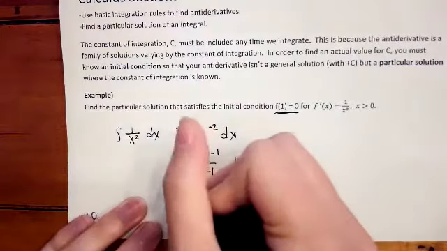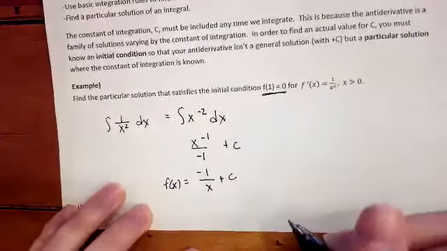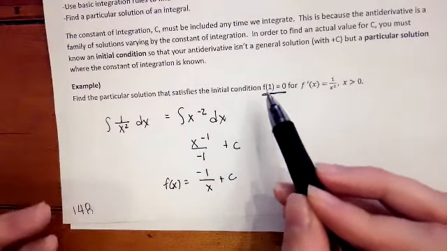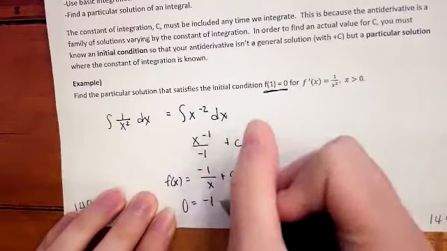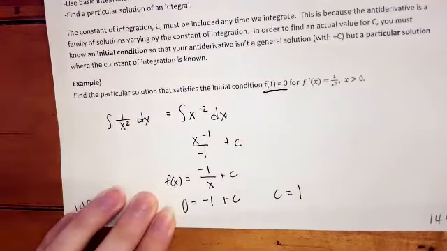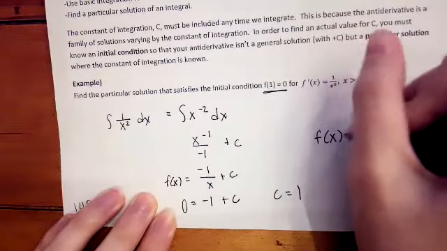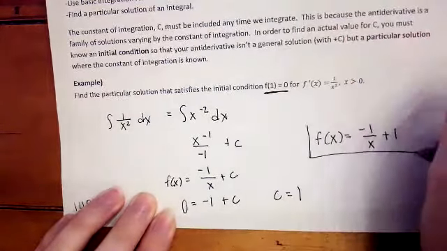Okay, so that's f of x. Then we can use our initial condition and plug in. So we know when x is 1, y is 0. So c must be 1. So my f of x is negative 1 over x plus 1.